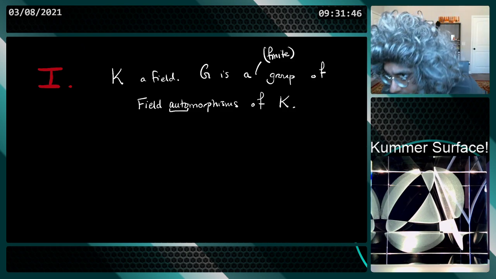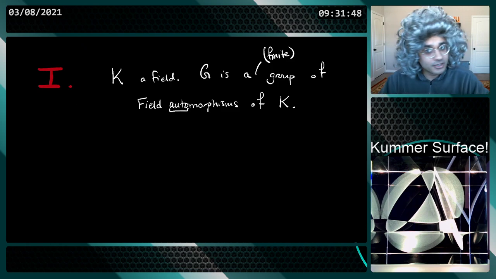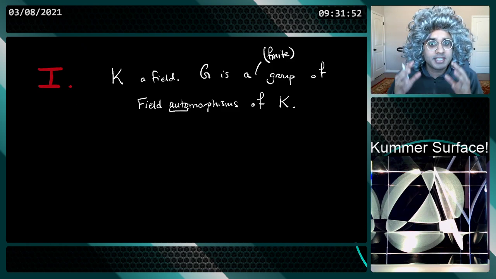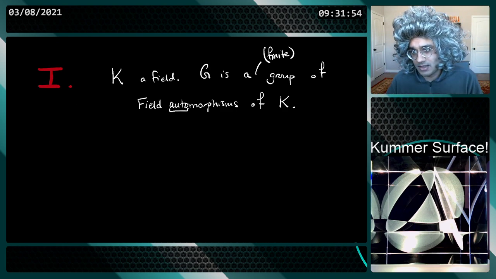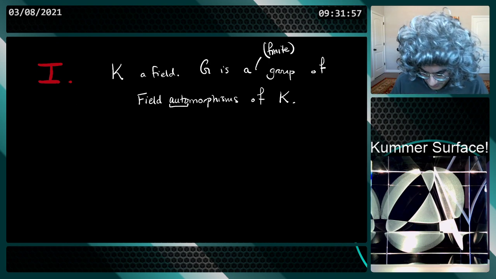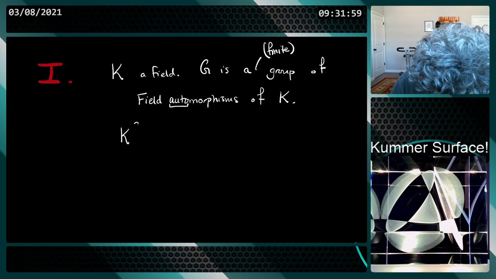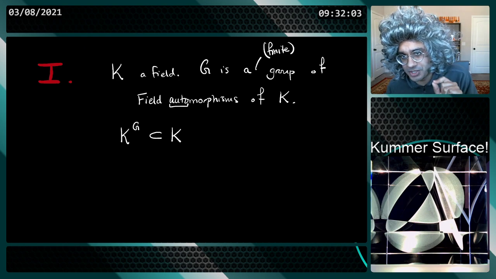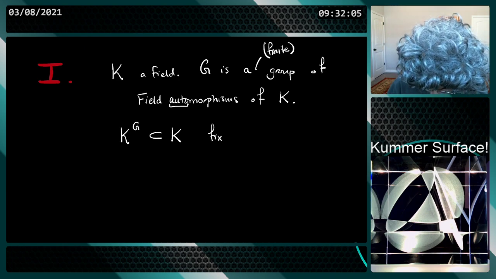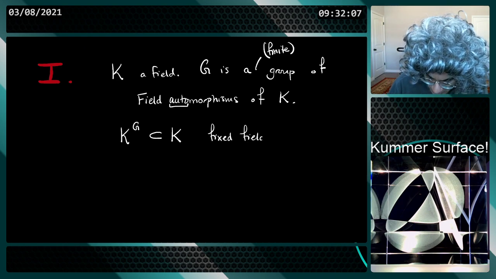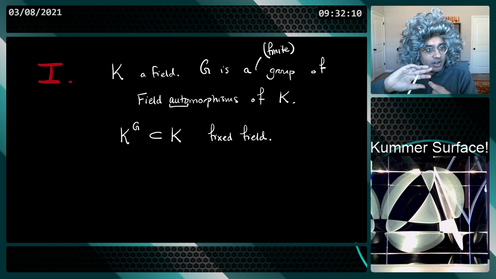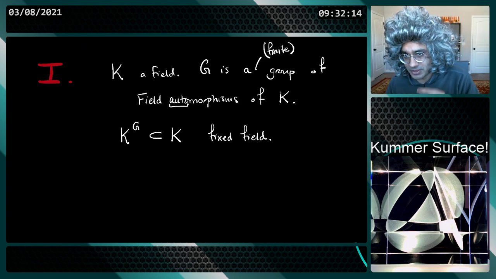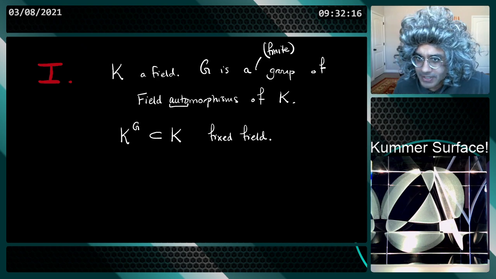Some group of them. It doesn't have to be the total group of automorphisms. It's just some group of automorphisms of K. Then you can talk about the fixed field, which I will denote as K superscript G. It's those elements in the field K which are undisturbed by the group automorphisms.